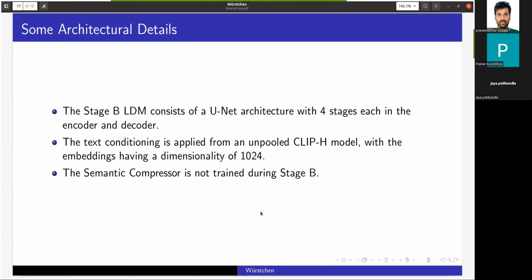And the semantic compressor is not trained during stage B. Initially I mentioned that it was initialized with ImageNet weights, but later on they realized that the ImageNet classes are not very exhaustive, since the weights are restricted to classifying between the 1,000 classes of ImageNet. This is not very diverse. However, they are not trained during stage B.